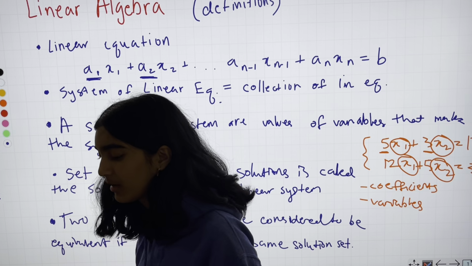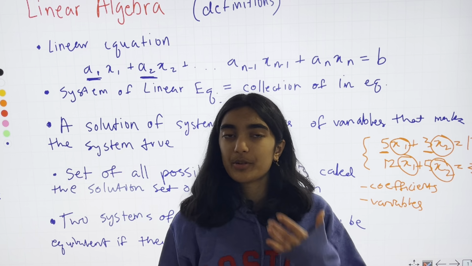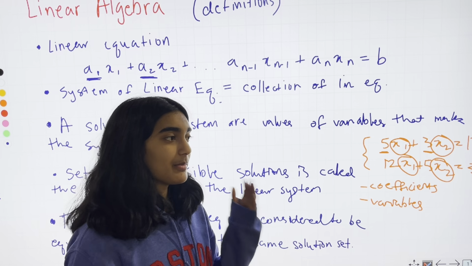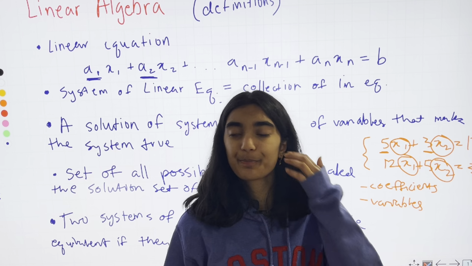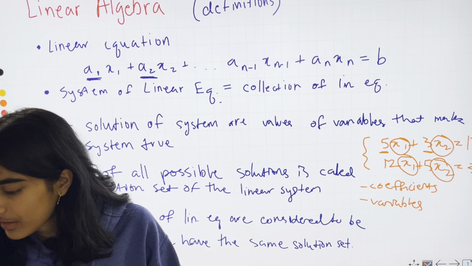Okay, so each solution for the first system is a solution of the second, and each solution of the second is a solution of the first. Okay, so that's what I mean.